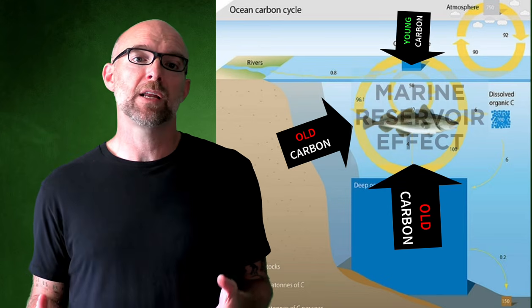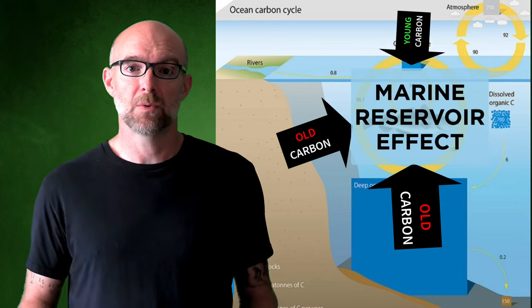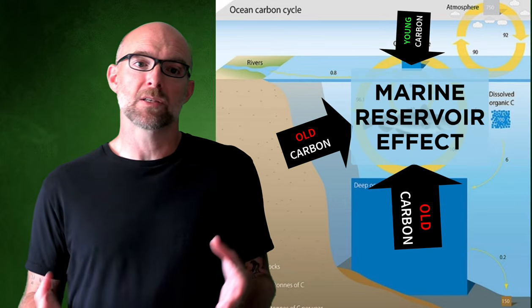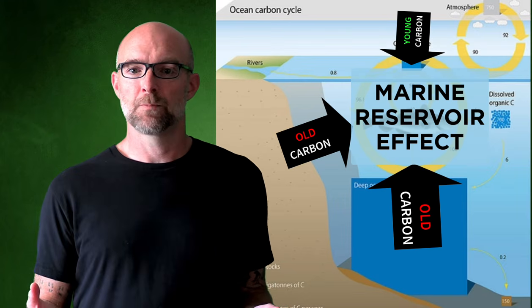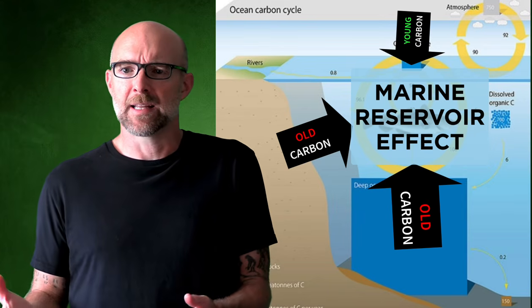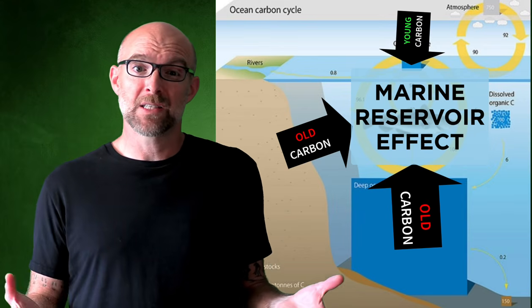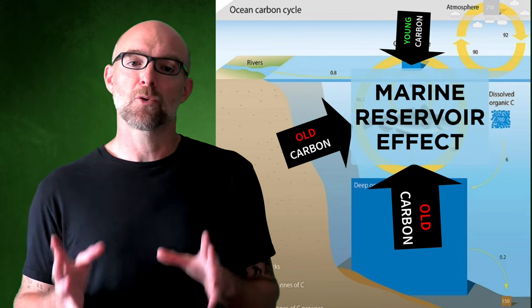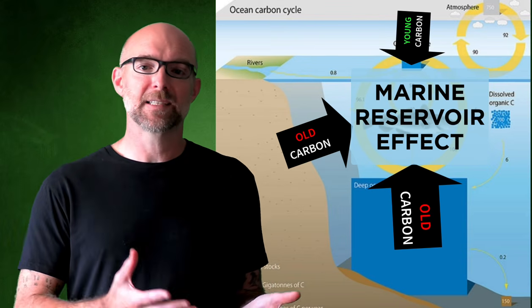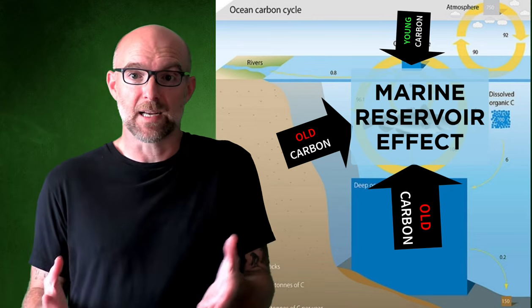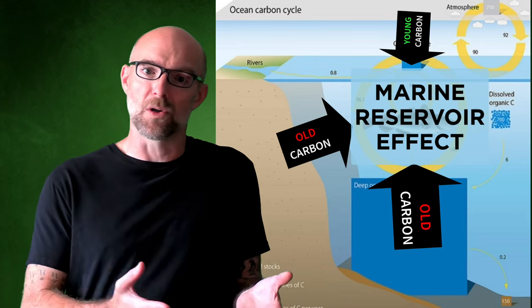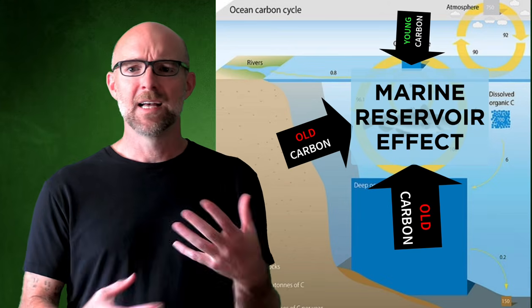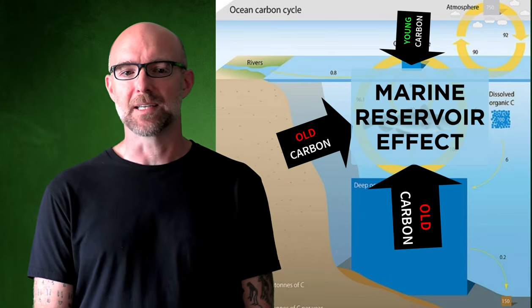It's called the marine reservoir effect. So, because the carbon in the ocean is older than what's in the atmosphere, marine organisms, and anything that eats them, can appear hundreds or even thousands of years older than they really are, if the marine reservoir effect isn't taken into account. Incidentally, this comes into play when dating corals, like we talked about earlier. There's just an extra calibration step that's needed.